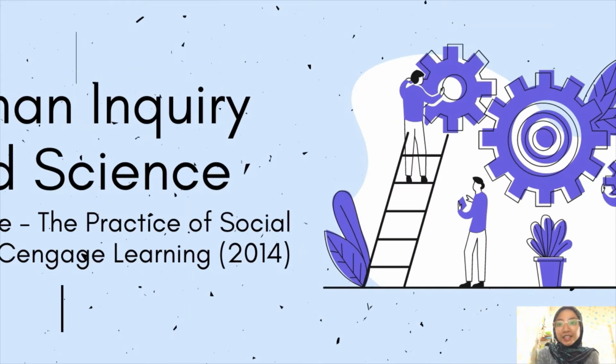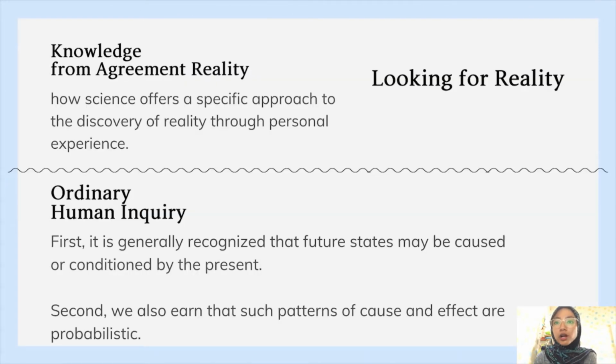Looking for reality. Knowledge for agreement reality. How science offers a specific approach to the discovery of reality through personal experience. Ordinary human inquiry. First, it is generally recognized that future states may be caused or conditioned by the present.